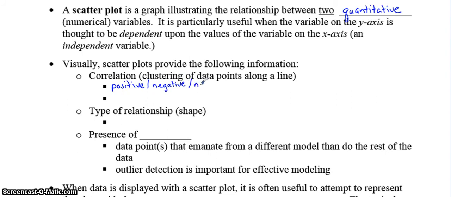Or is there no correlation at all? You are also looking for the strength of the correlation. So is it strong? Or is it weak? So anytime you are asked to describe the correlation, you have to talk about the direction and the strength.